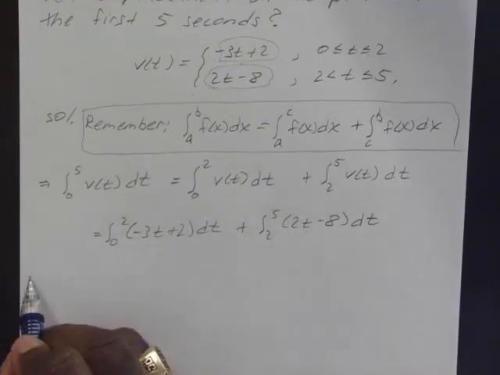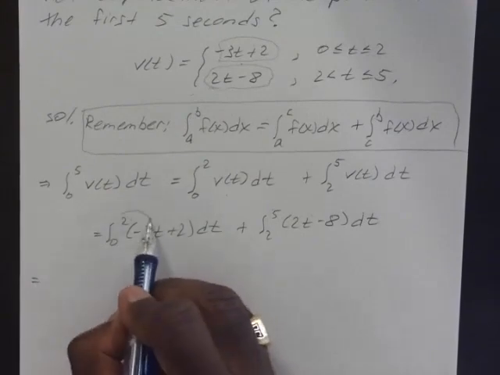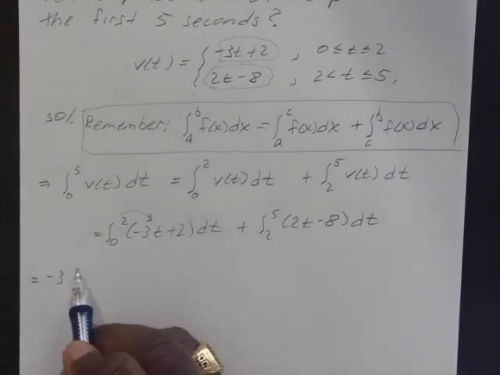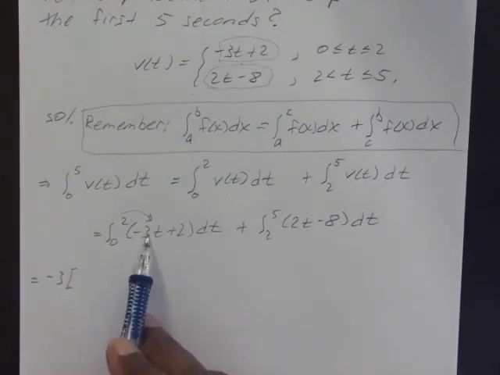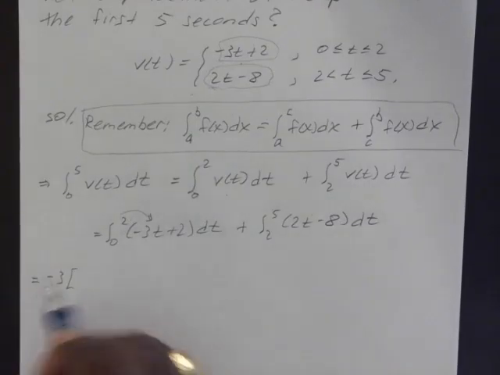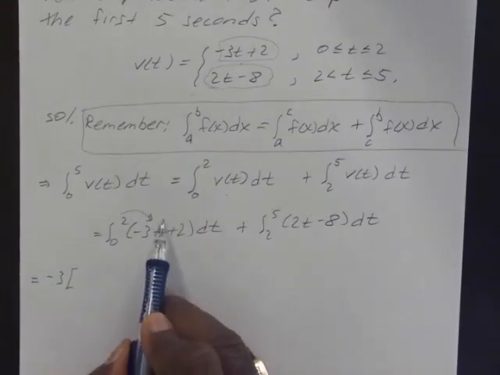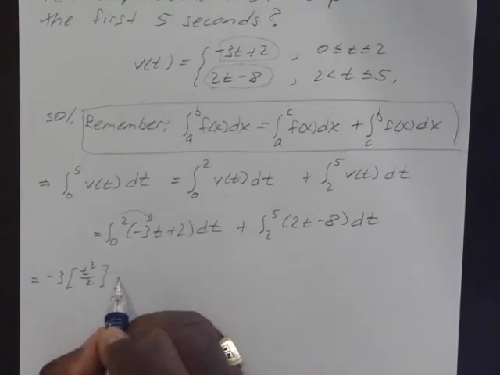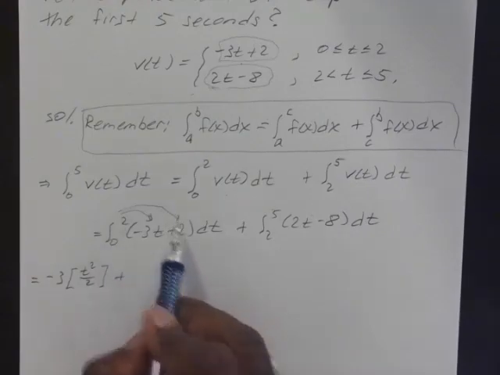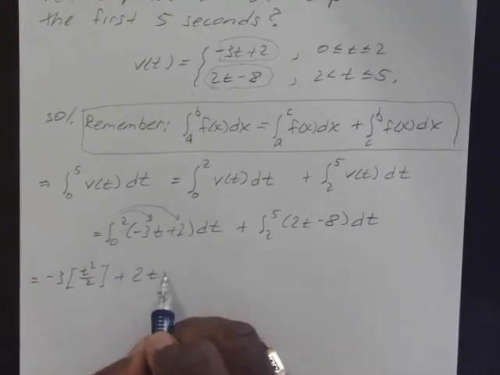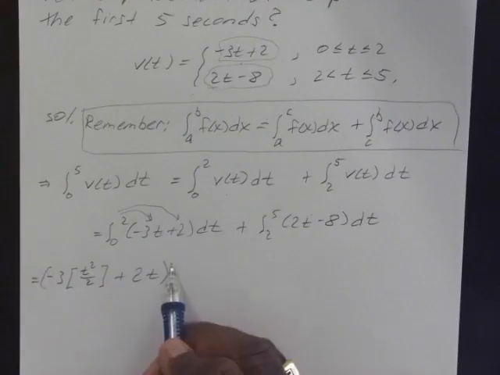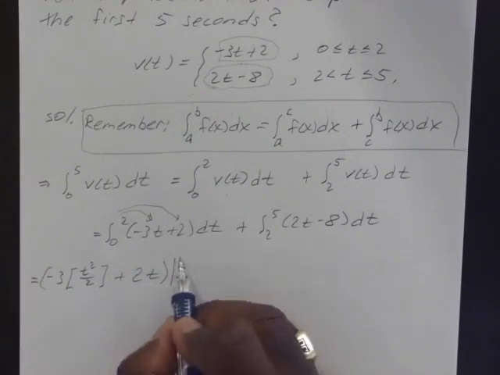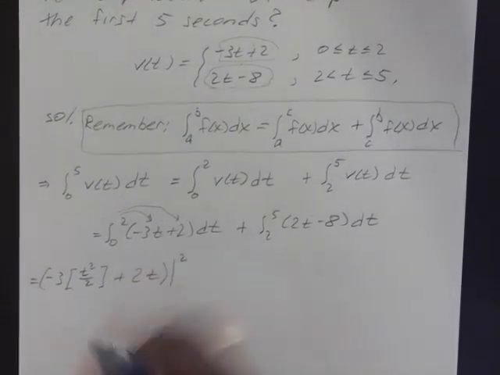Okay, so now we have to take the integral of each of these terms. If we factor out that -3, we have the integral of t, actually just the -3 for the first term. The integral of t is t squared over 2, plus the integral of 2, which is 2t. And sometimes you'll see the notation from t equals 0 to 2.